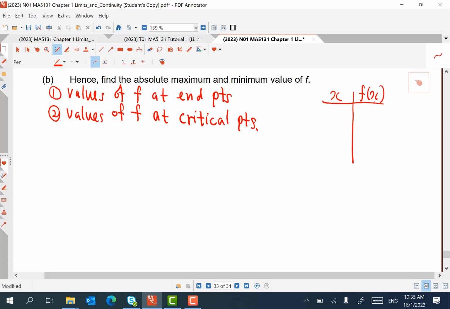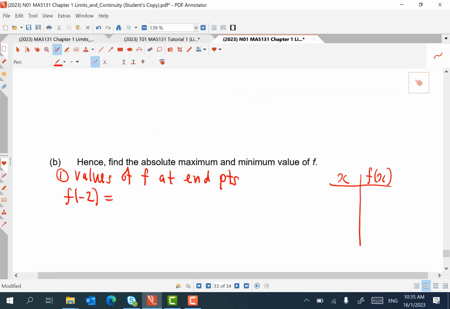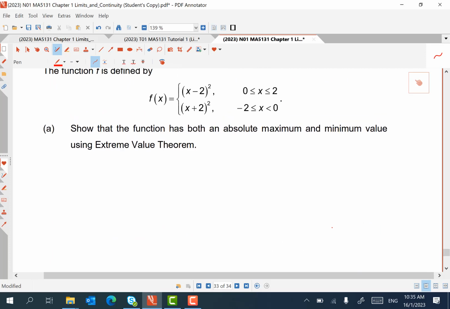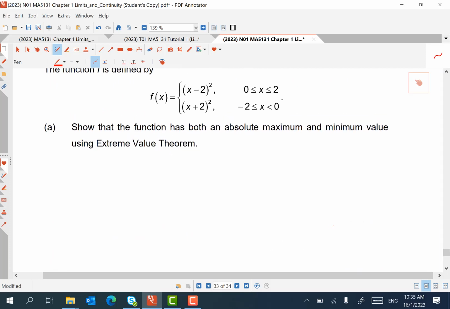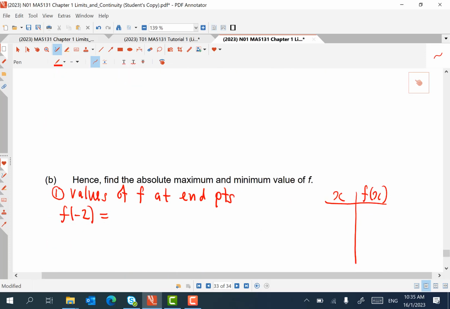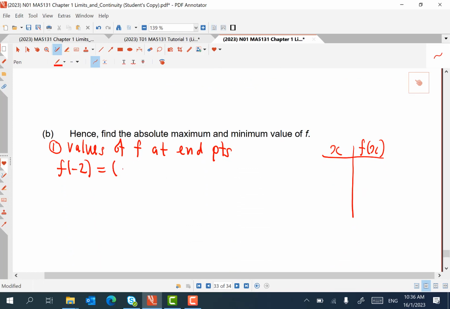Okay. So about the endpoints, what are the two endpoints that you have? You calculate the function value at -2. Now, instead of writing down the answer immediately, I prefer that you show it explicitly: for -2, you can use the function, (-2 + 2) squared equals 0.